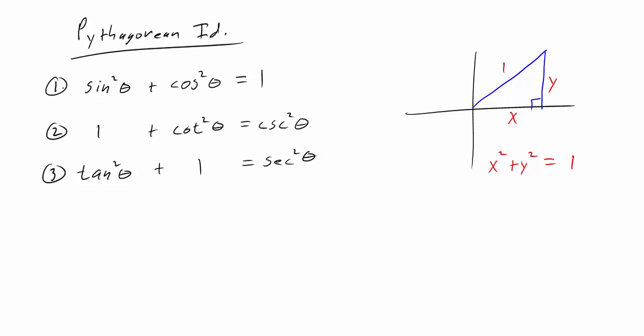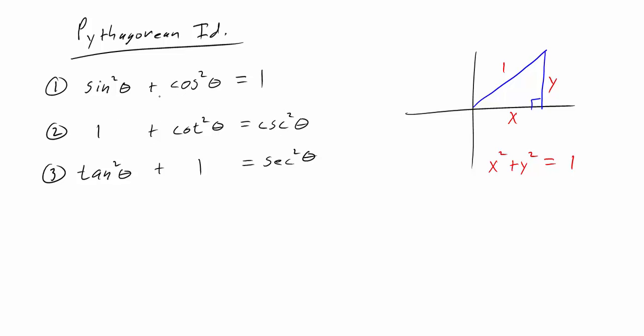Again, I would start off with the first one. This one you're going to see a little bit more frequently: sine squared plus cosine squared equals 1. And I'm going to show you in just a minute that if you know the first identity, you can derive the other two. We're going to use these throughout to simplify trig functions when solving equations, which we'll look at a little bit later on.